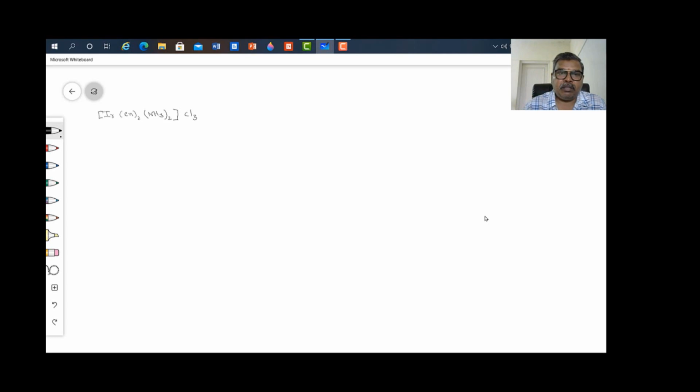Now its name. First the cation is the complex, therefore write the ligands, and more than one type of ligand is there, therefore follow the alphabetical order.